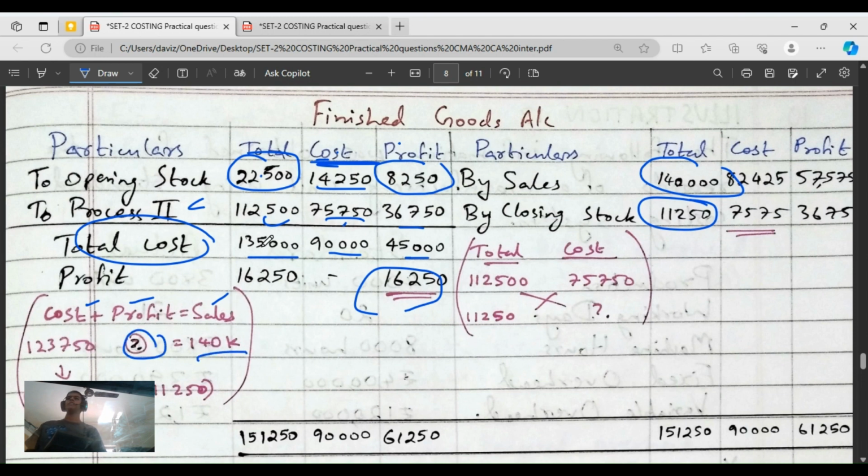The cost is 1,35,000. But here also the closing stock is not included. Closing stock is 11,250, so we subtract it from the total cost. 1,35,000 total cost minus 11,250, we got the actual cost, 1,23,750. When we subtract this from sales, we got the profit, 16,250.